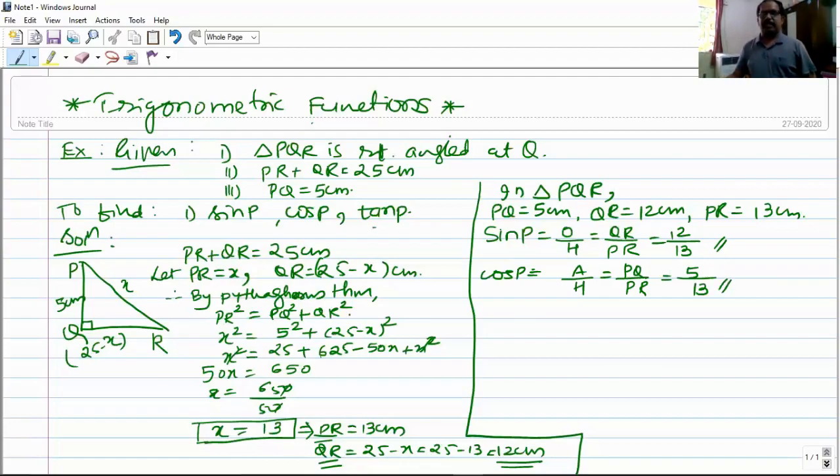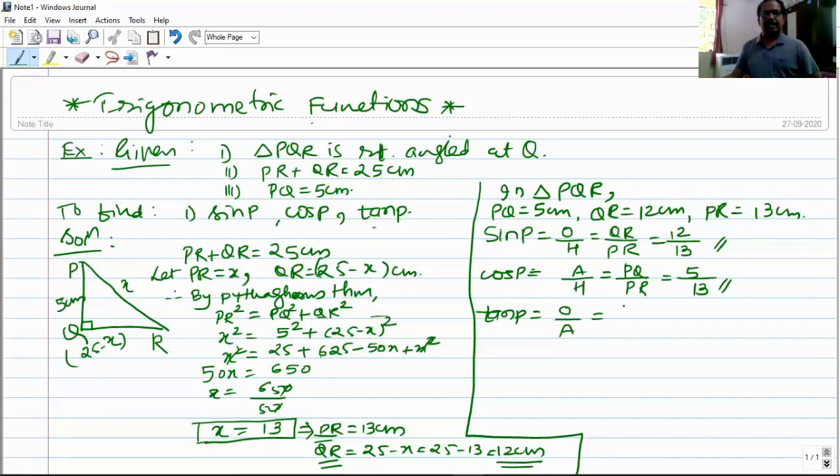And then we can have the value of tan P. How much is tan P, students? What is the definition of tan P? Tan P is opposite by adjacent side, right? Or we can take the ratio of sin P by cos P also. Okay, so we can use the definition, no problem.